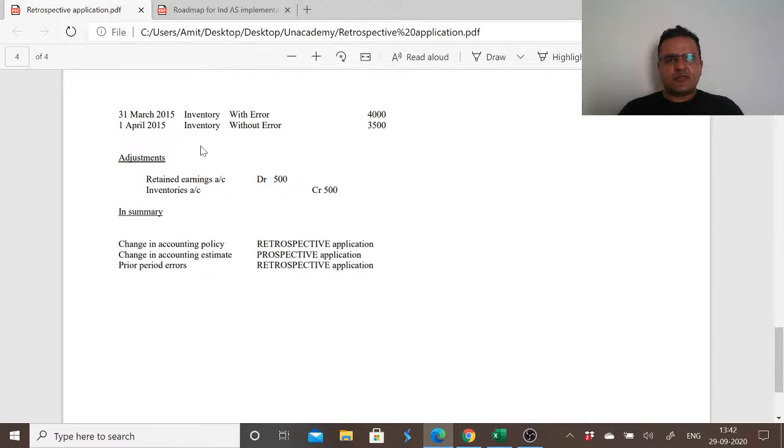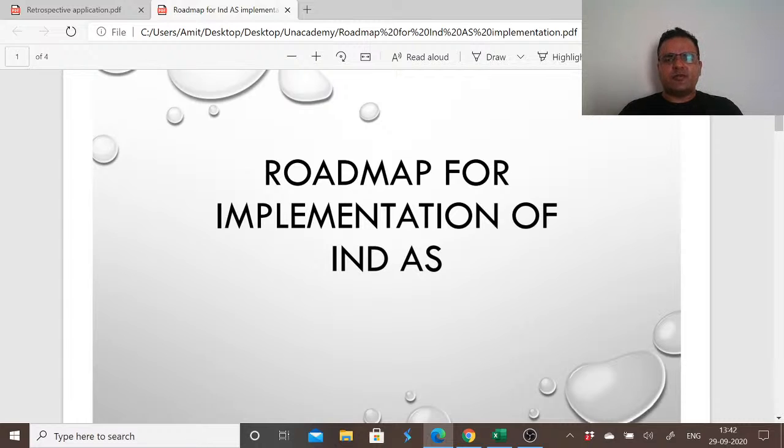So how it actually happened in India, what was the roadmap for implementation of Ind AS in India. As I said, the first date was in year 2011, but it was postponed, and then it was mandatorily applicable from 1st April 2015, though there was a voluntary application available from 1st April 2014.